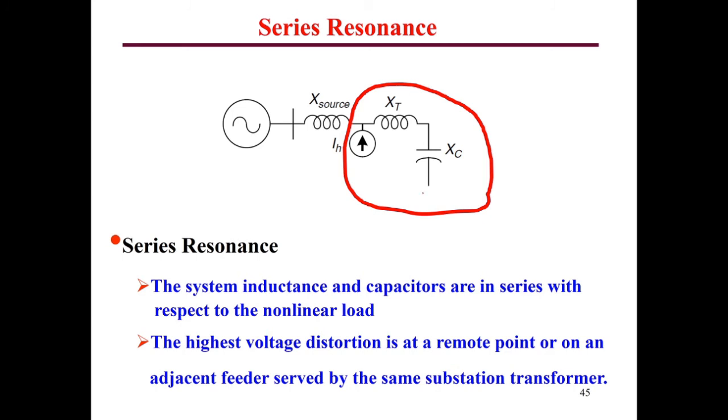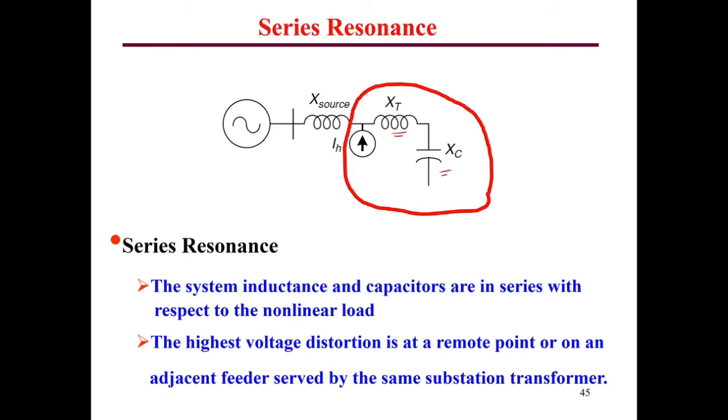Again, this one we call the series resonance: the transformer reactance with the capacitor bank connected in series. The highest voltage distortion is at a remote point or on an adjacent feeder served by the same substation transformer.